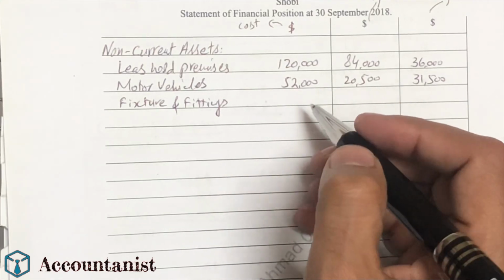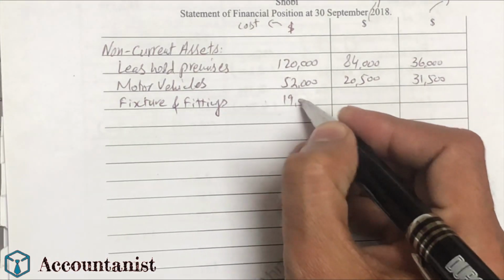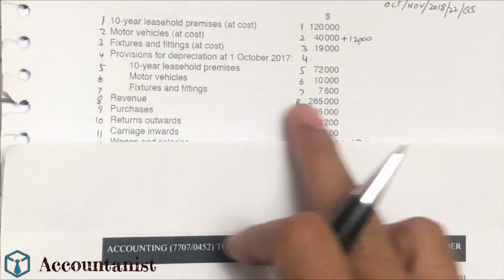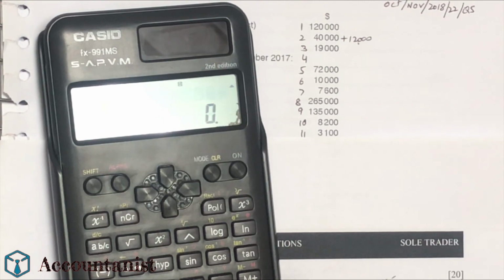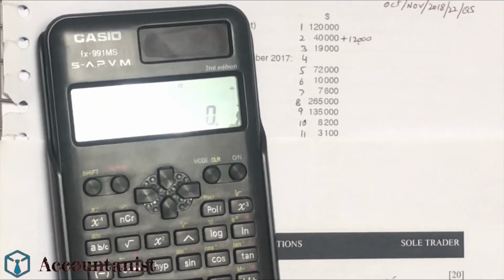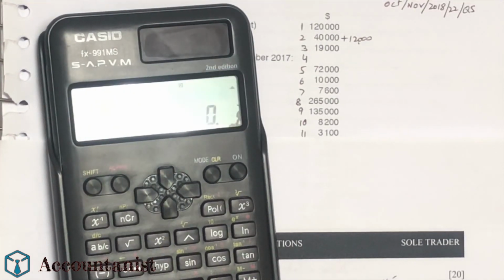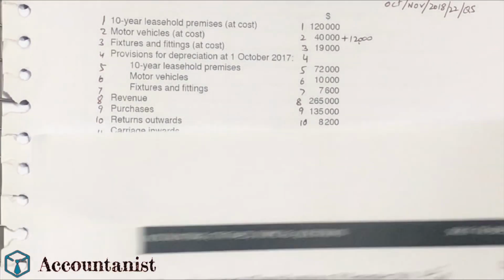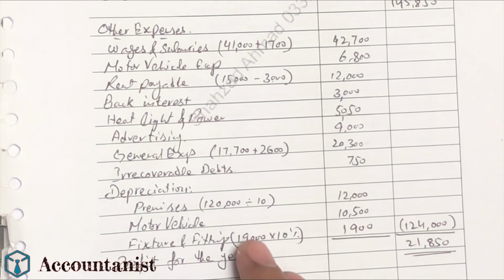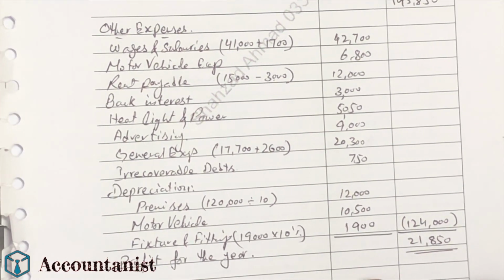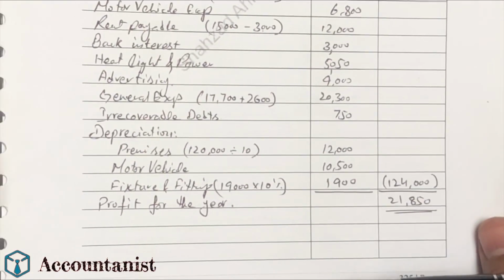And it has 19,000 cost, and we have the opening balance of depreciation, 7,600. So let me write it down here on the calculator, 7,600. And we calculated the depreciation in the income statement earlier, and that was 1,900.